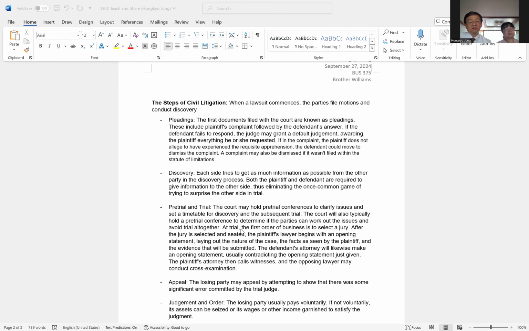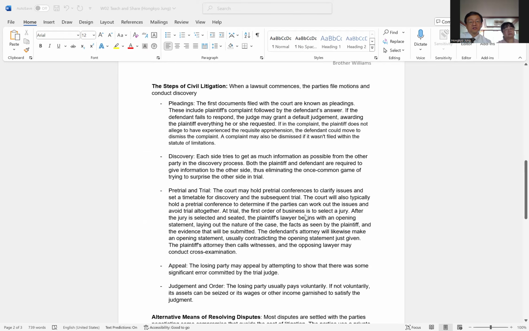At trial, the first order of business is to select a jury. After the jury is selected and seated, the plaintiff's lawyer begins with an opening statement, laying out the nature of the case and the facts as seen by the plaintiff, and evidence will be submitted.